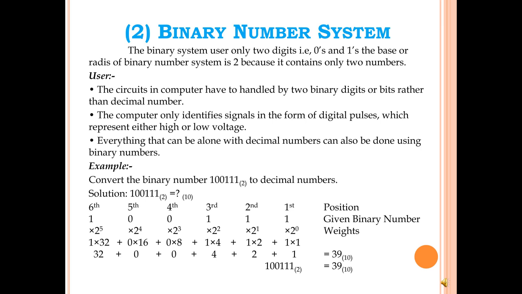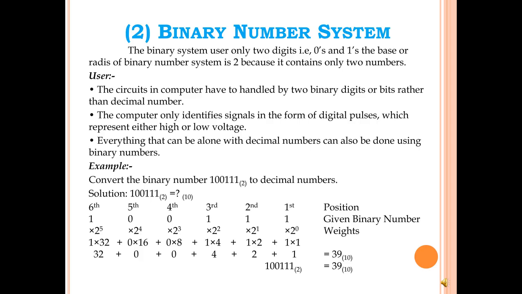As we have a 6-digit number, the first digit 1 is in the 6th position, the second digit 0 is in the 5th position, the third digit 0 is in the 4th position, the fourth digit 1 is in the 3rd position, the fifth digit 1 is in the 2nd position, and the sixth digit 1 is in the 1st position.